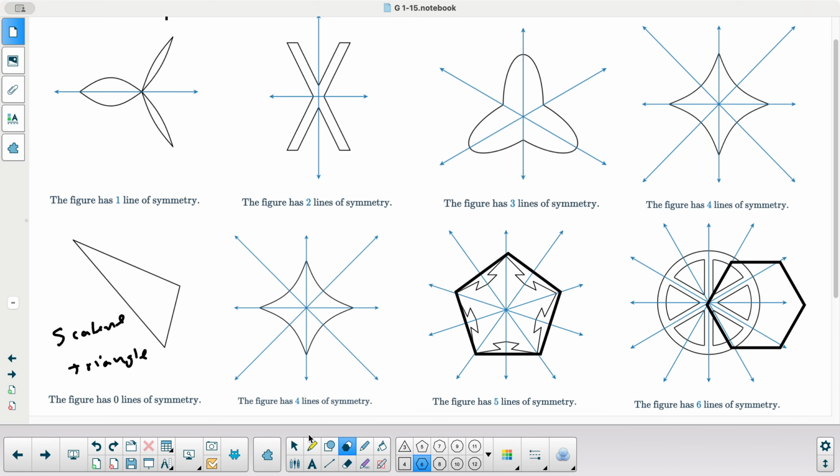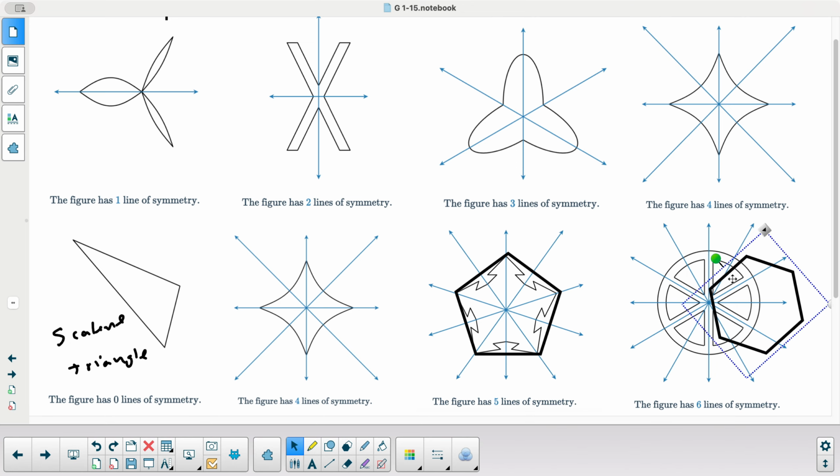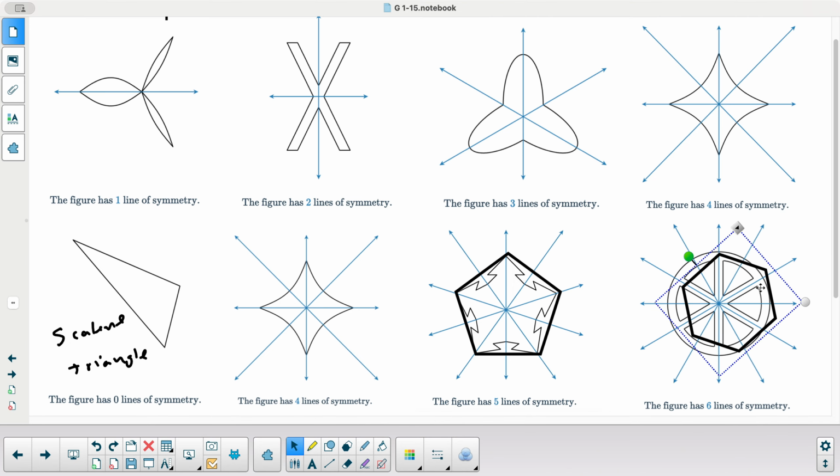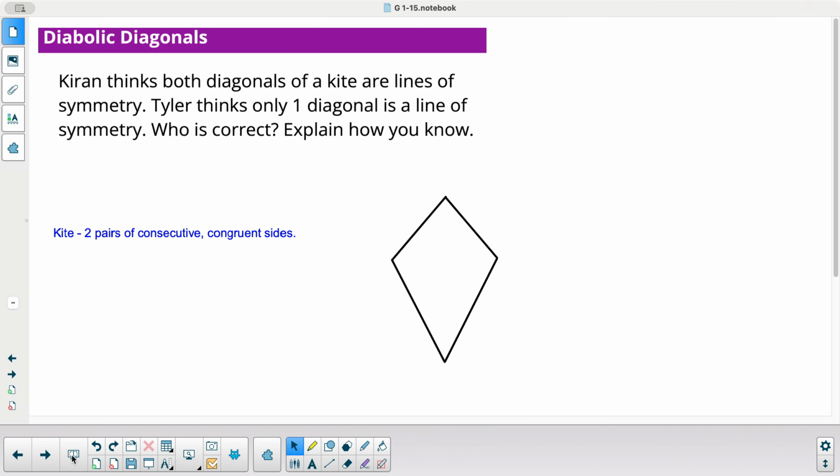So it looks just like a hexagon. They just modified the shape a little bit to make it look different. But there you go. All right, there's your lines of symmetry.